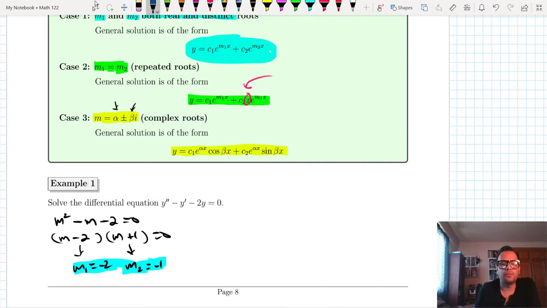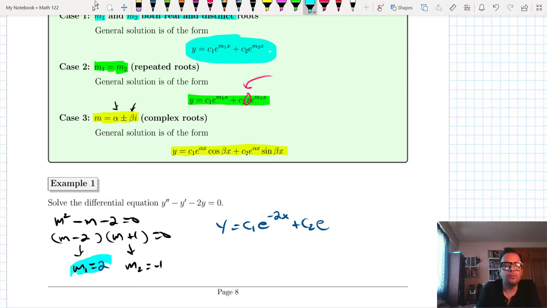Okay, so the solution will be y equals c1 e to the m1, which is negative 2, x plus c2 e to the, actually it's positive 2, not negative 2. Let me erase this real quick. That's a 2.